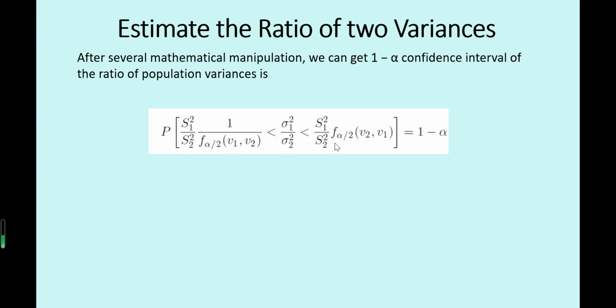It is these two critical values from the F distribution times S1 square divided by S2 square, which is the sample variance ratio. So we can have this confidence to say that the ratio of population variances is located between these two limits.